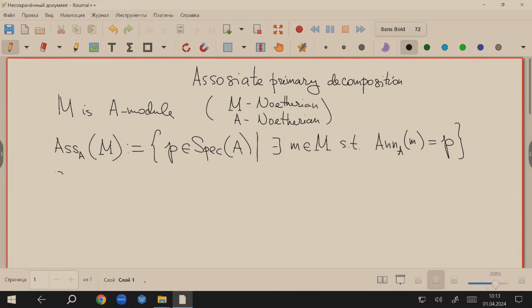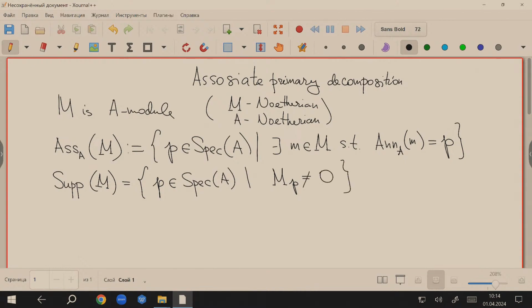And also we have introduced the support of M, which is the set of prime ideals of A such that the localization of M at this ideal, with respect to the multiplicative system which is the complement of this ideal, is non-zero.